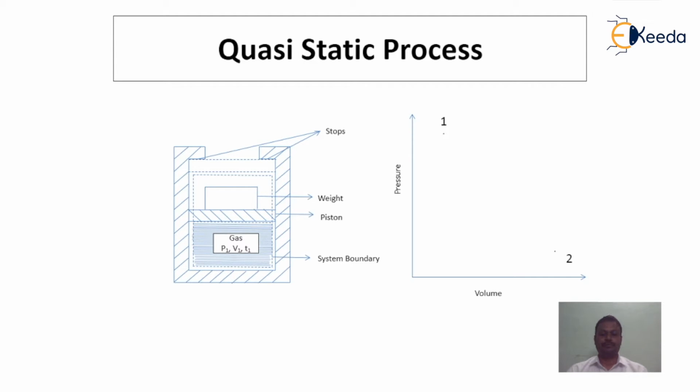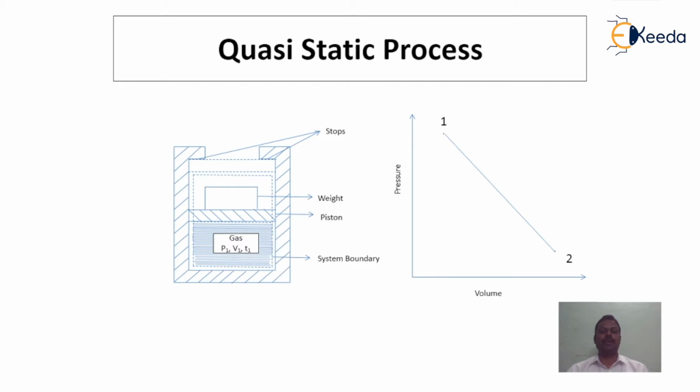The intermediate points in the change of state from 1 to 2 are not known in this case, and the exact work involved in change of state depends on the path that is followed.